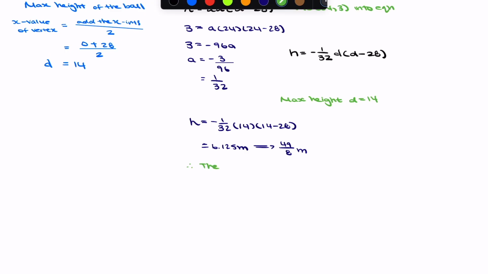So here we write, therefore, the max height of the football is 6.125 meters.